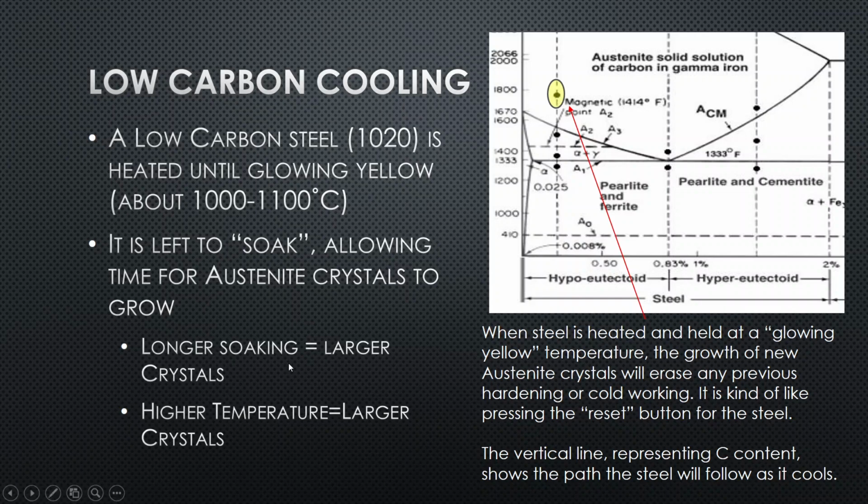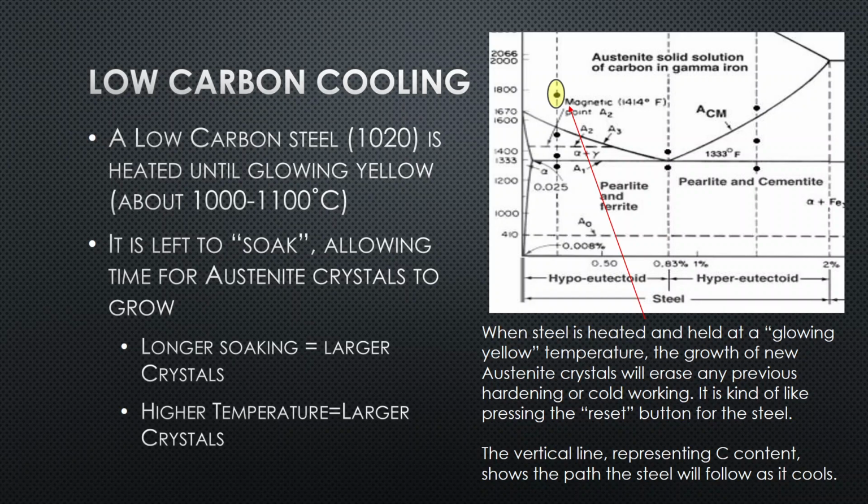If we leave it there for a longer period of time, then it's going to grow bigger crystals. And if we only leave it there for a little while, then it's not going to grow the crystals of austenite quite so large. So keep in mind, as we heat it up, we transition through this zone and austenite starts growing usually at the grain boundaries of the old crystals, which is one of the reasons why heating this all the way up here, if you've work hardened your material, works.